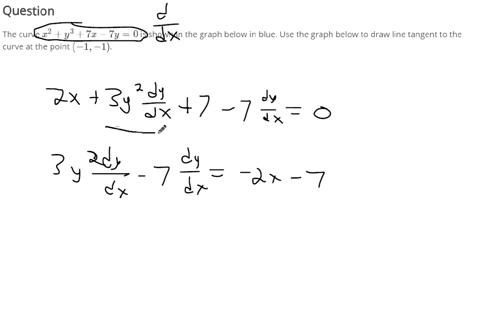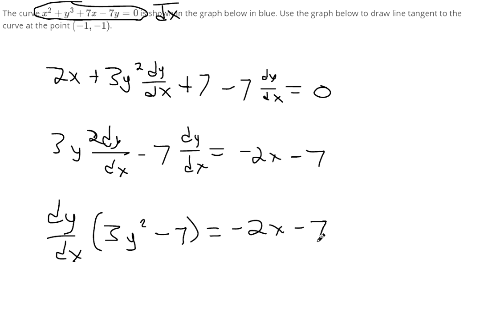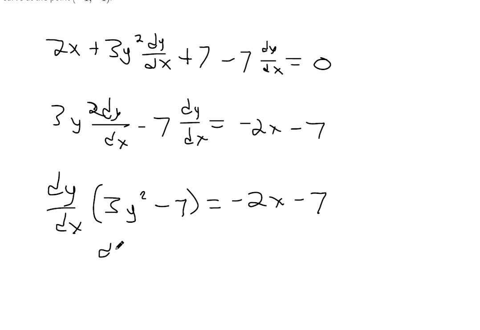So this stayed and this stayed on the left side, because now I can factor out dy/dx from everything. And the last step to get dy/dx by itself is to divide both sides by 3y squared minus 7.